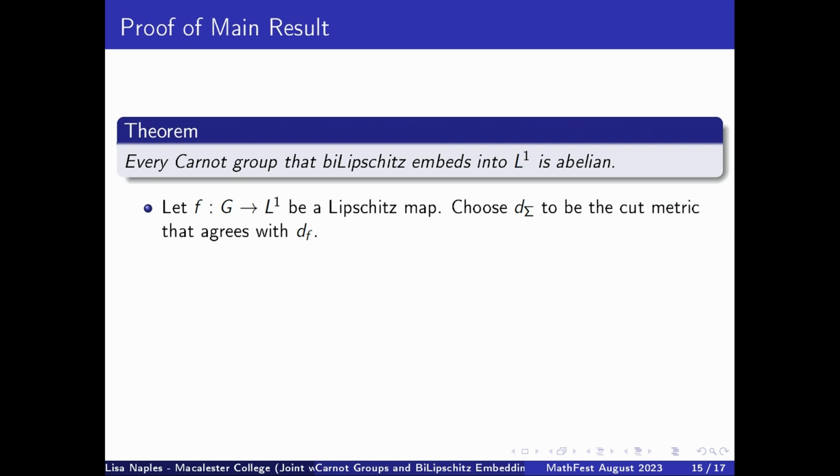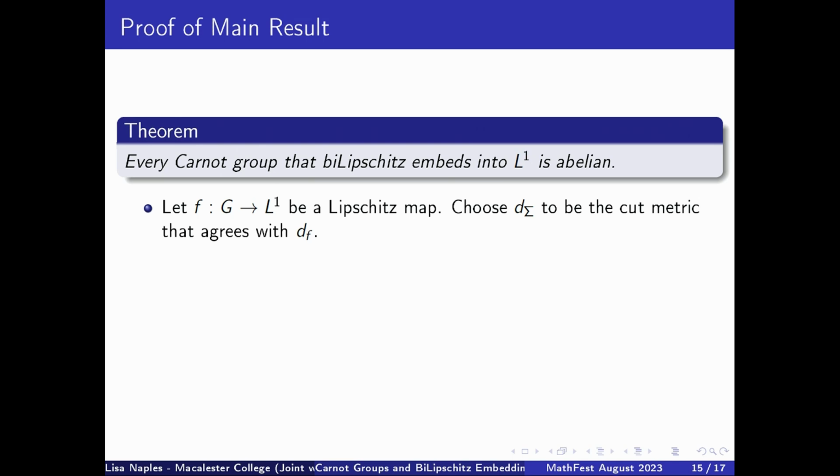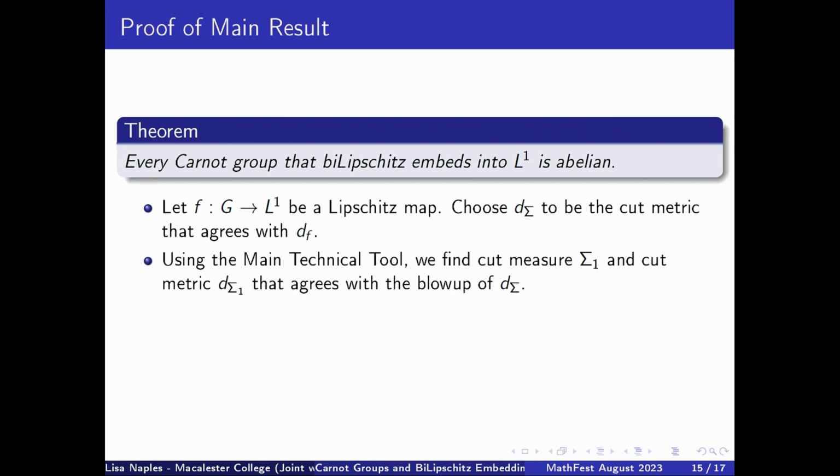Okay. And I'll just spend the last few minutes going over how we use this technical tool to show that Carnot groups do not bi-Lipschitz embed into L1. So we're going to start by choosing a Lipschitz map f that goes from G to L1. And we know by the theorem from Cheeger and Kleiner that we can choose a cut metric that corresponds to the metric induced by the map f. Then we're going to use the main technical tool.